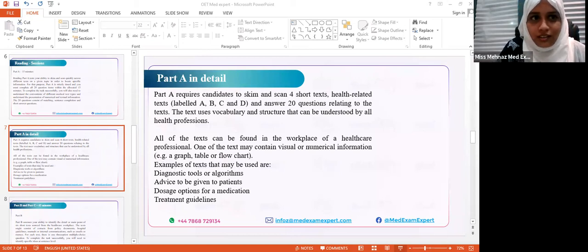Any questions here? So we are done with reading. I have given you a brief outline of how reading for OET is, and there are three parts. I have explained all three with a detailed idea and a little bit of explanation. Do you have any doubts? Feel free to ask anything. I can explain again.